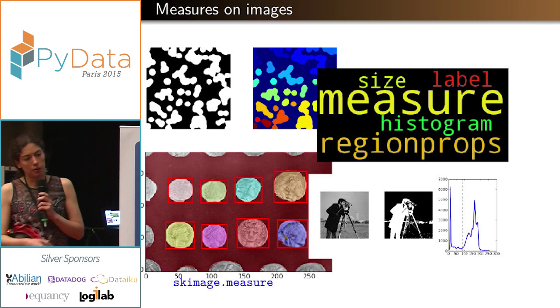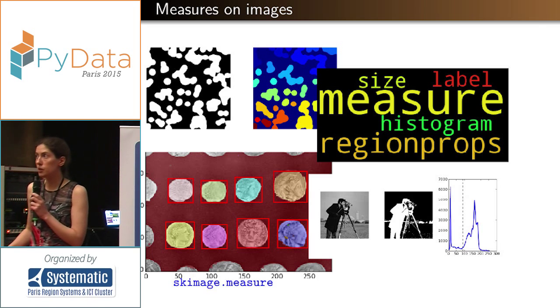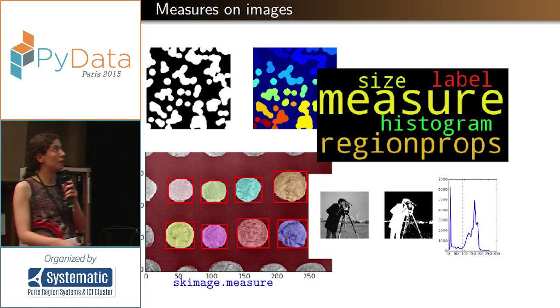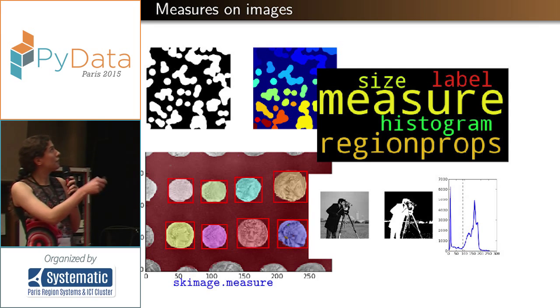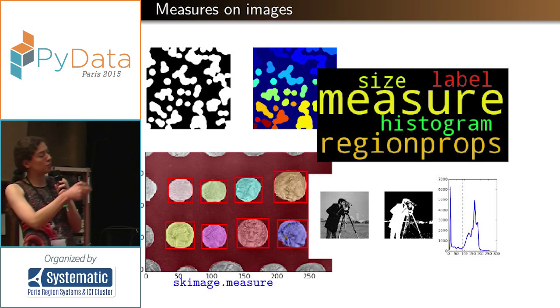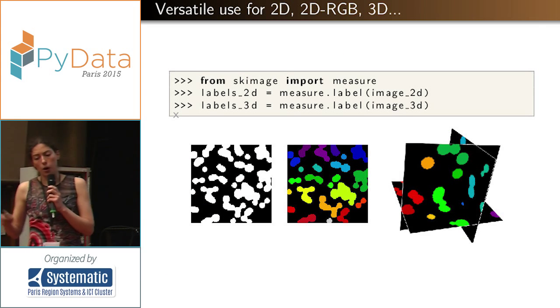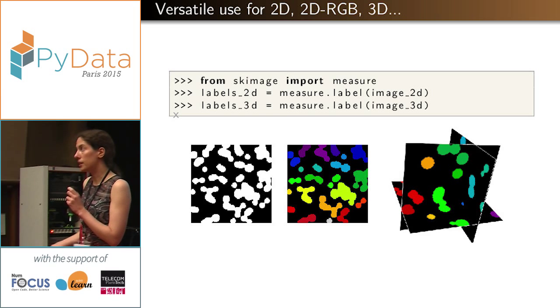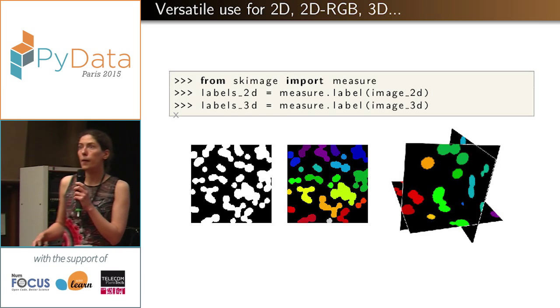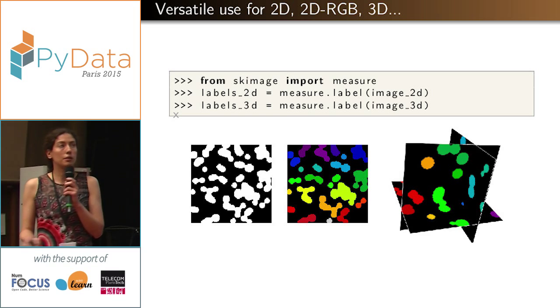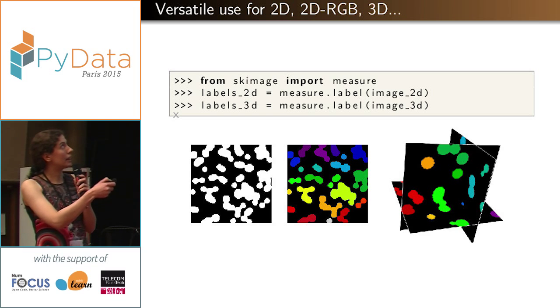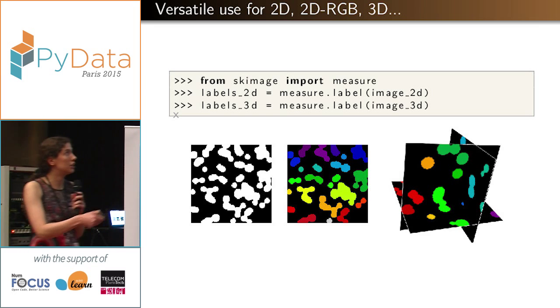And one of the very useful functions implemented in this module is a label function that attributes a different label to different connected components. And I will use this function to show you an important aspect of Scikit-image, that is its versatile aspect, the fact that you can use exactly the same API for 2D images or 3D images.